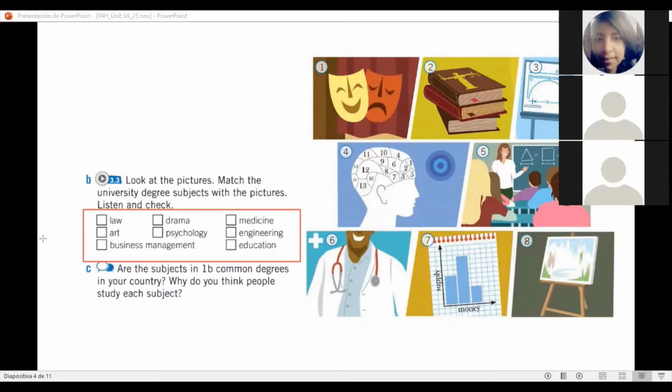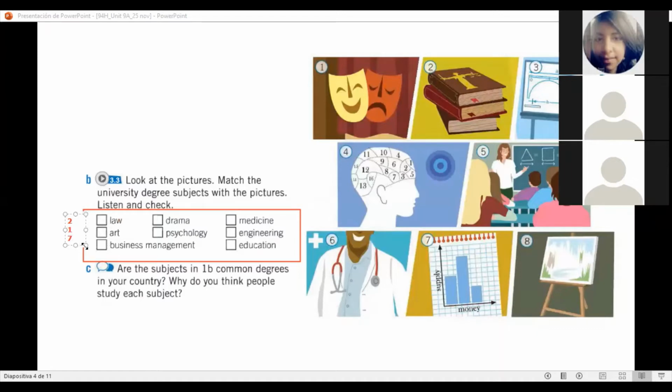For example, law, which one would be? Derecho. Two. Okay, definitely it's number 2. What about art? Number 1. Number 1, good. Then we had 1. Okay. Business management. 7. Okay, yes, 7. We have a bunch of charts over there, right?